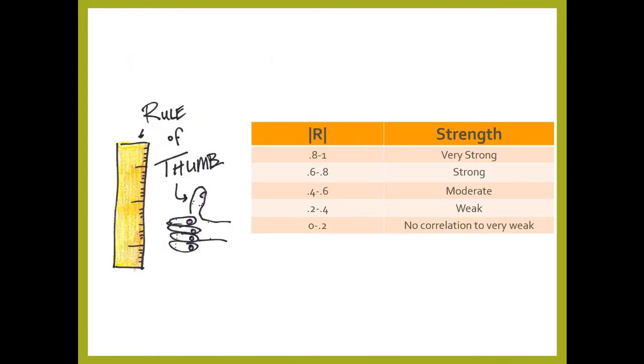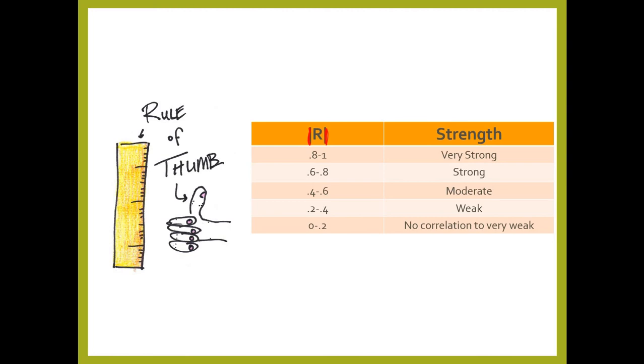All right, so the first thing here is a rule of thumb, and R can be positive or negative depending on the slope. So if it's a negative slope, your R is going to be negative. Positive slope, your R is going to be positive. That's why I have here the absolute value of R, because it doesn't matter if it's positive or negative. The absolute value, the magnitude of it, tells you its strength.